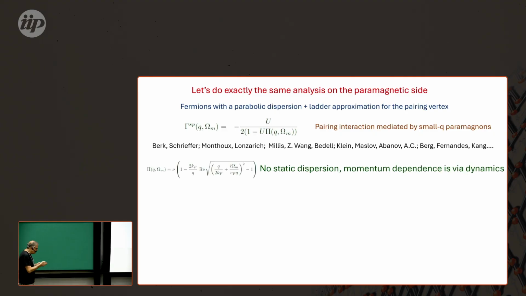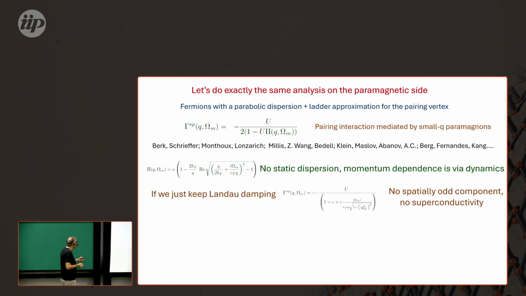I just want to emphasize that we of course need to deal with the dynamical interaction, the dynamical polarization bubble, even for free fermions, even for parabolic dispersion. It has some momentum dependence, so dynamics generates momentum dependence. To say that the polarization bubble is a constant is only true for the static one. But if we expand in frequency and take only Landau damping, you get a familiar result. This is the mass, this Landau damping term.